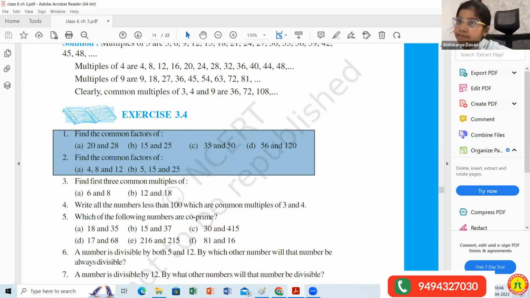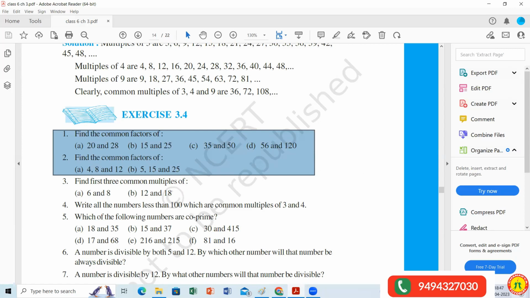Okay. Now, the last session. Today's takeaway points to take home: prime numbers have only 2 factors, 1 and the number itself. Whereas composite numbers have more than 2 factors. The second point is, what are co-primes, children?